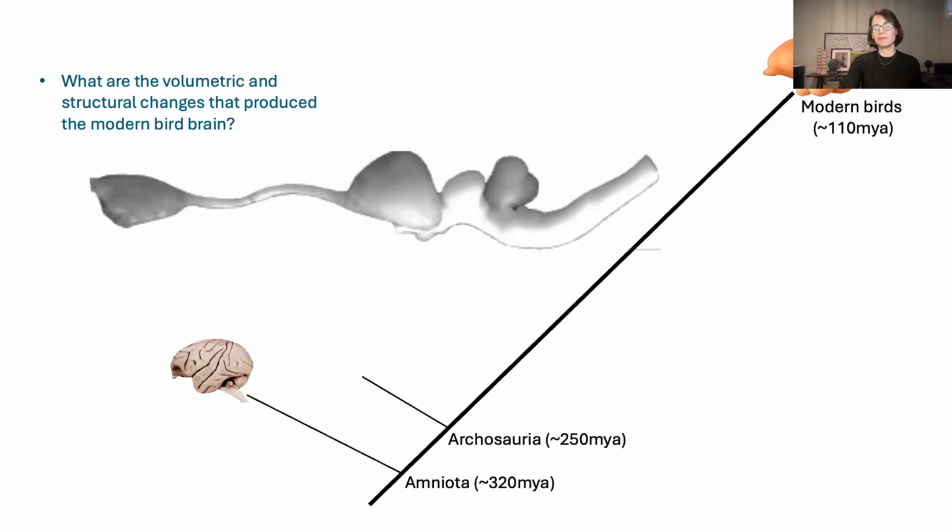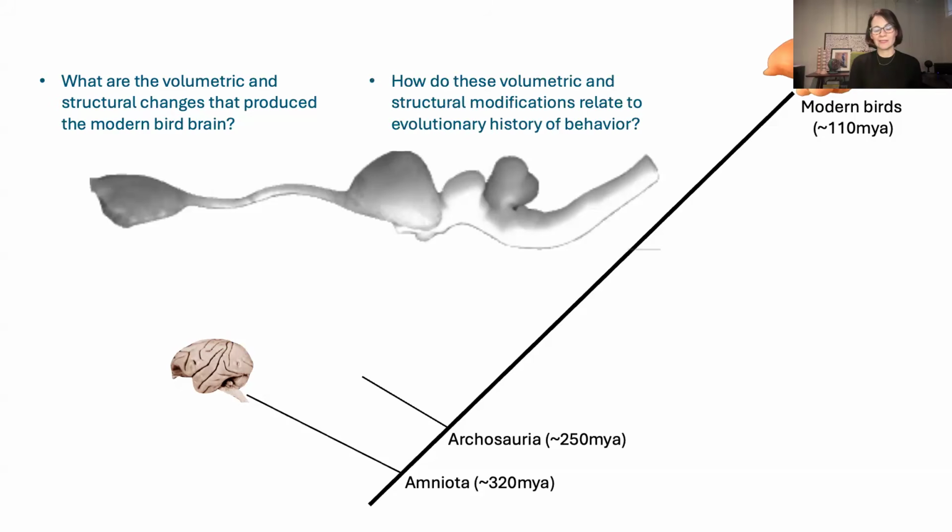Because just like mammals, the bird brain can support all sorts of really complex behaviors. Birds are social animals, or many of them are. They can use tools.